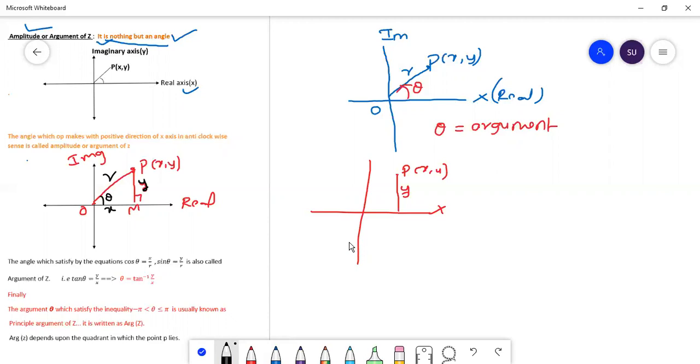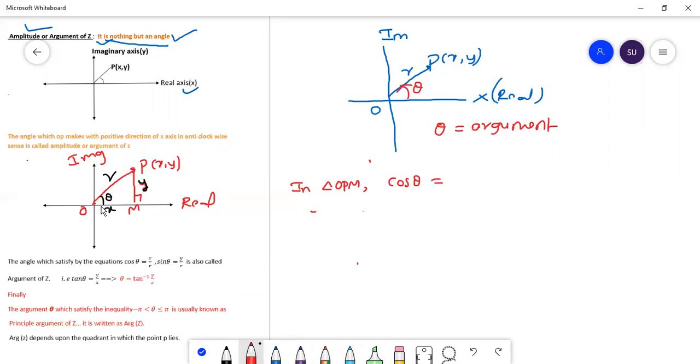Now, from triangle OPM, see what is cos theta?